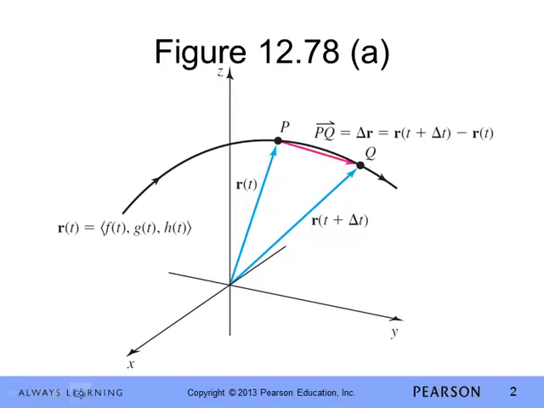And then the slope of this chord is going to be delta y over delta x. But delta y is f of x plus delta x minus f of x, so we're dividing by delta x.